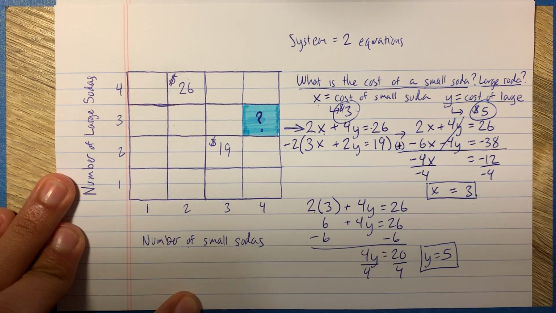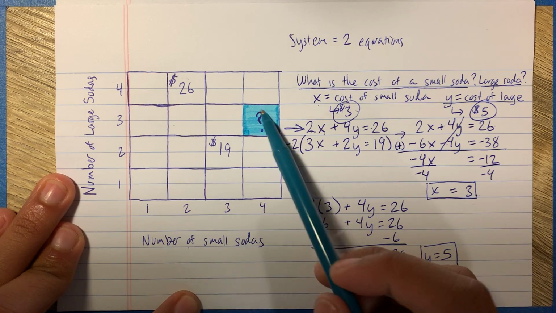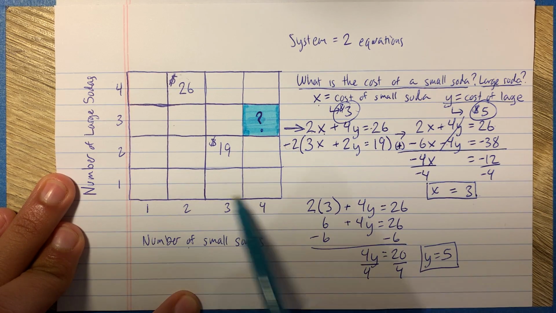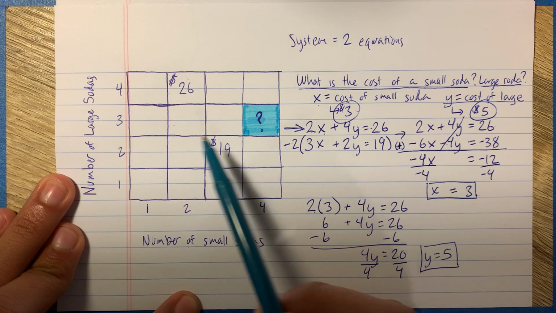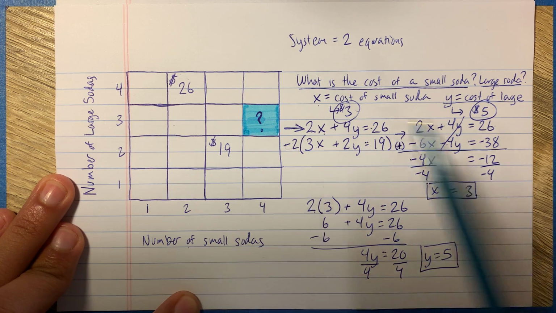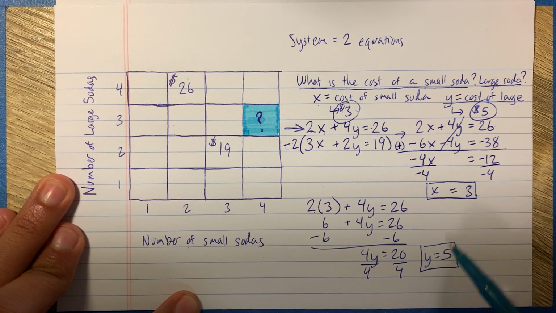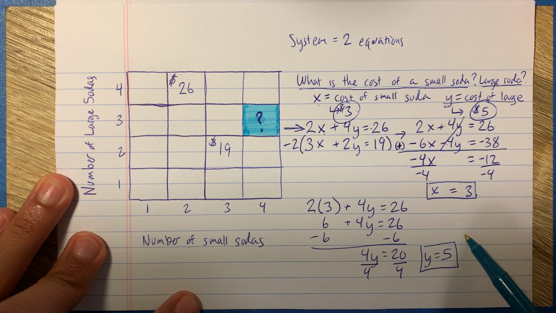Now, lastly, in the assignment, I'm asking you to find a mystery value. In my case, my mystery value is this blue square here. I'm going to ask myself, how much is 4 small sodas plus 3 large sodas going to cost me? Now that I know their prices, it's pretty straightforward.